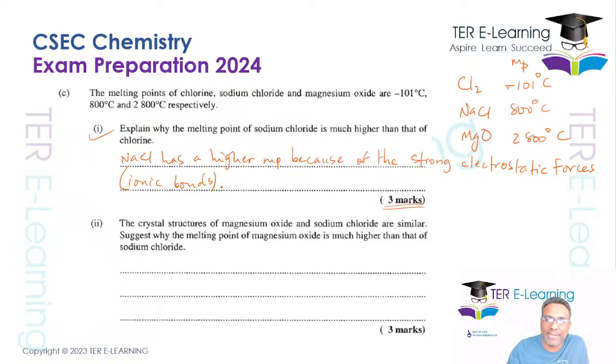Right? In the case of the chlorine now, right, you can say Cl2 has a lower melting point. Right? Because of the weak van der Waals forces.